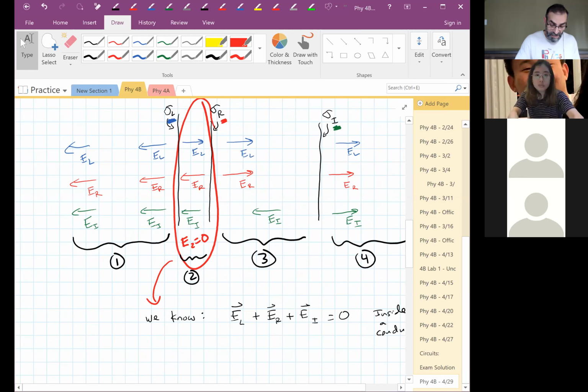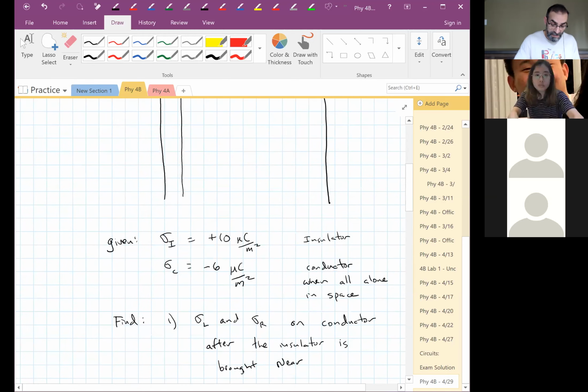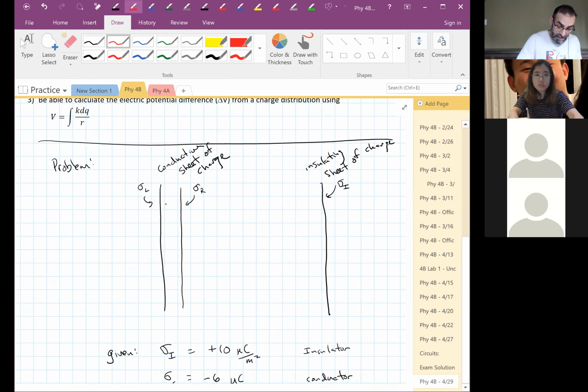Because we're inside a conductor, right? This is really a conductive, this is the thickness. I'm trying to draw the thickness of the conductive sheet there.